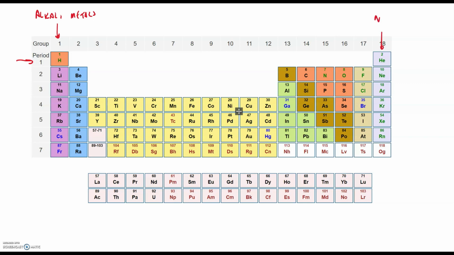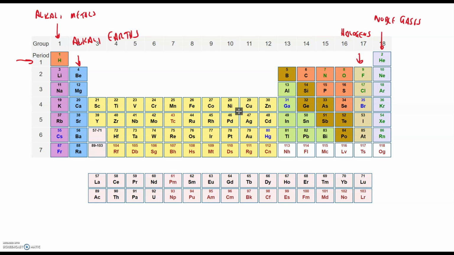Group 18 are the noble gases. Group 17 are the halogens. Group 2 is something called the alkali earths, but we'll talk more about those later.